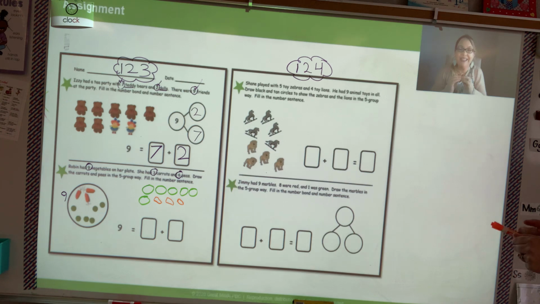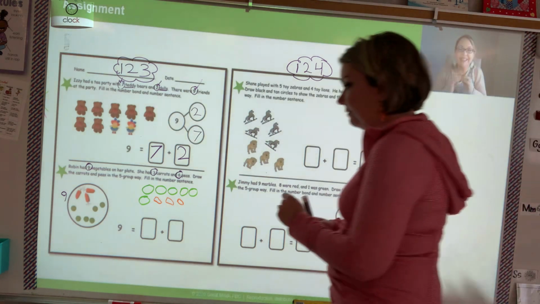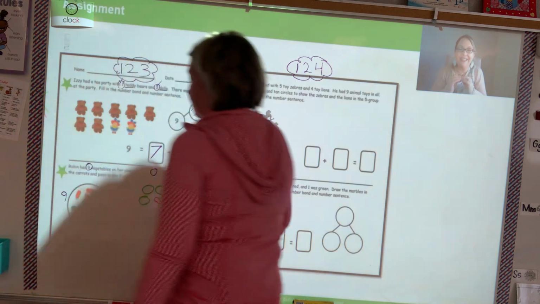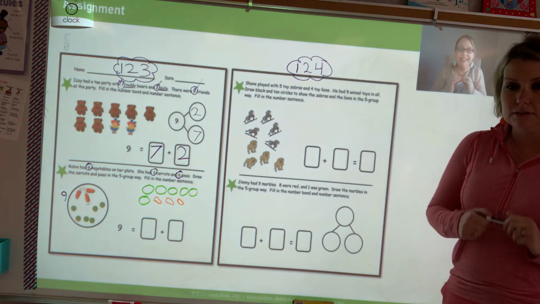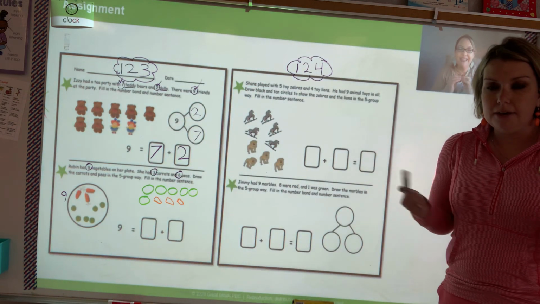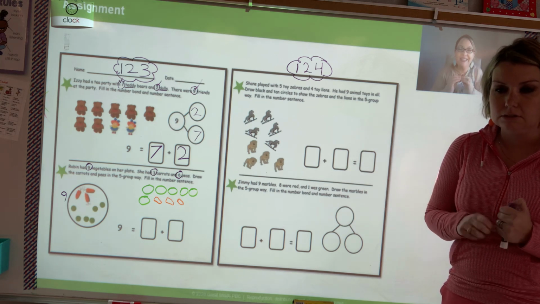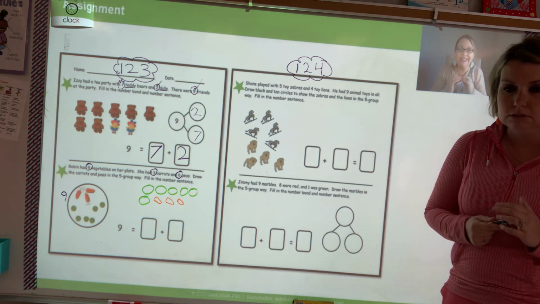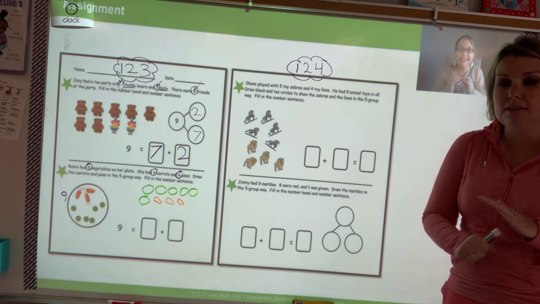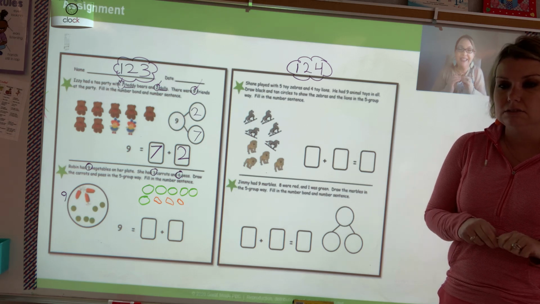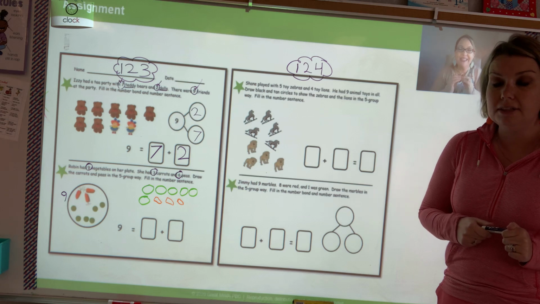Now, how do I fill in my number sentence? How do I fill in my number sentence? Can someone raise their hand and help me? Carolyn.